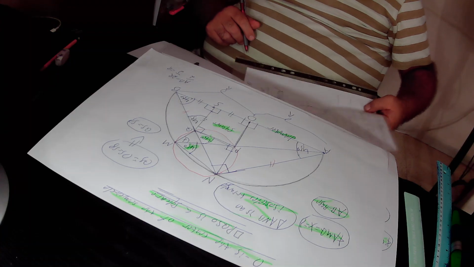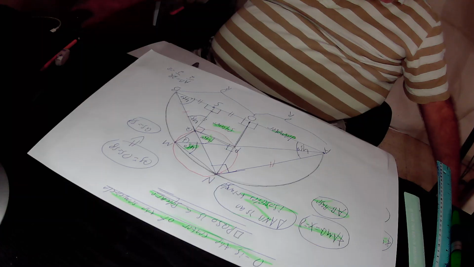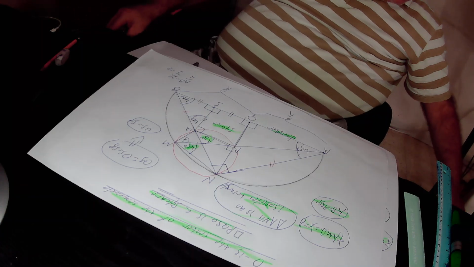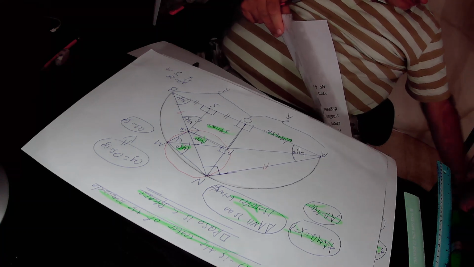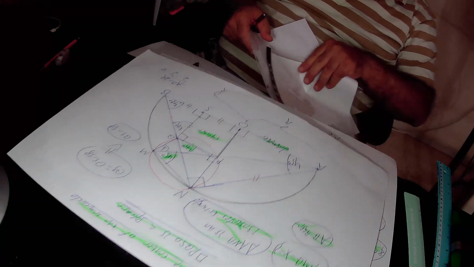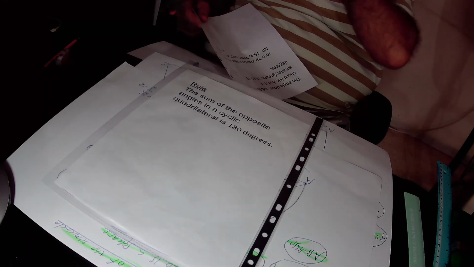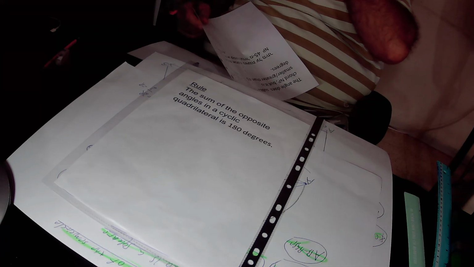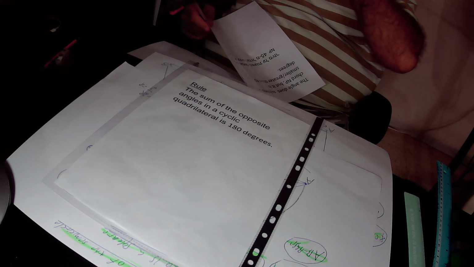So here we can implement a rule that states that the sum of the two opposite angles in a cyclic quadrilateral is equal to 180 degrees. Repeat again, the sum of the two opposite angles in a cyclic quadrilateral is equal to 180 degrees.